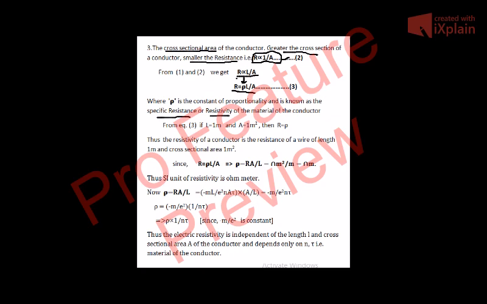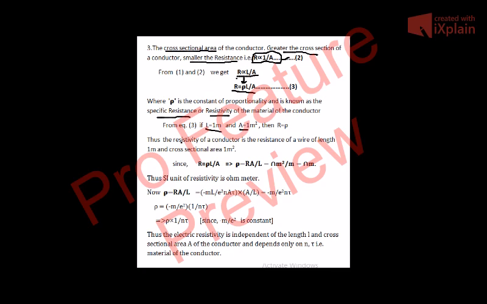From equation 3, now let us define: if L is equal to 1 meter and A is equal to 1 m square, then R will be equal to rho. So resistance and resistivity will be the same for a conductor of length 1 meter and cross-sectional area 1 m square.